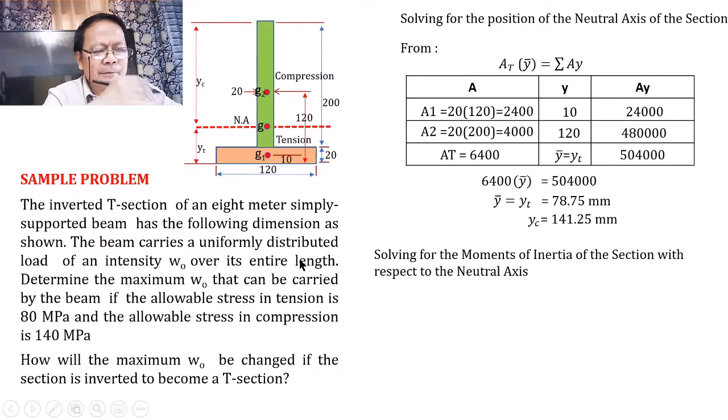Sa madaling salita, ang magiging idea natin dito para maging madali yung ating solution is to subdivide the section into rectangles also. However, we will not be using the earlier rectangles that we have used, but rather we shall be subdividing it into rectangles so that the rectangles will have their bases coinciding with the neutral axis.